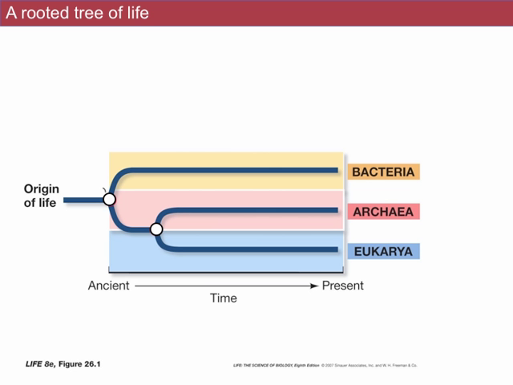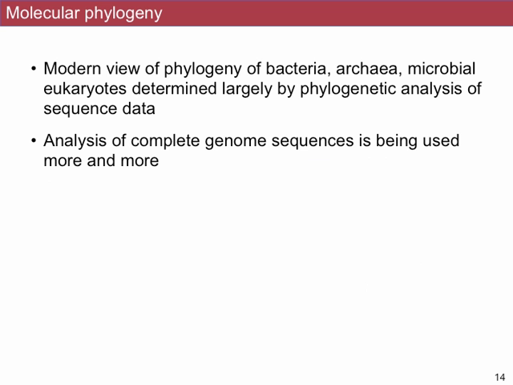Okay, so we're going to use the rooted tree of life as our guide, these 3 main branches in the rooted tree of life. And since we haven't talked about this in detail, and I'm not going to talk about it a lot, when we show phylogeny for particular groups, say the phylogeny within the microbial eukaryotes or the phylogeny of bacteria or of Archaea, a lot of this is based upon molecular data, like the ribosomal RNA data that we talked about for finding the three domains.